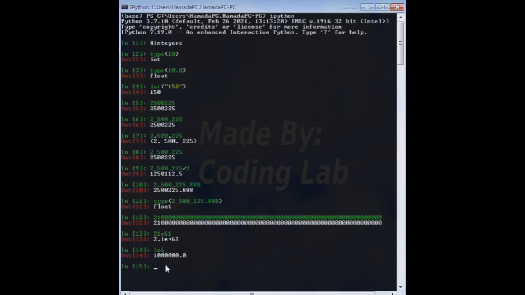So the result with this exponential notation will be a float number. It's the same as 1 multiplied by 10 to the power 6, but 1 multiplied by 10 to the power 6 is an integer number. But using the exponential notation, or E notation for short, will give me a float number.